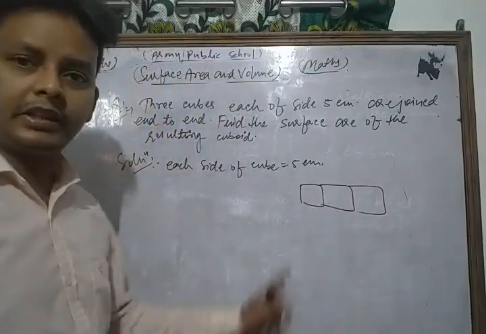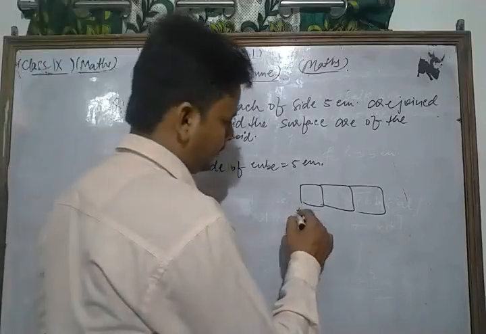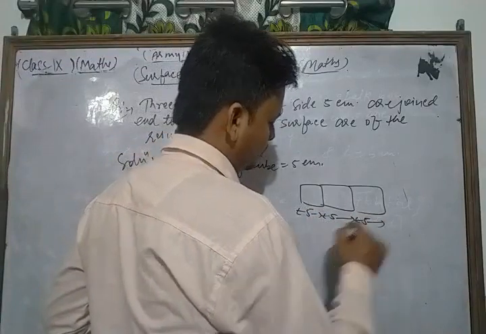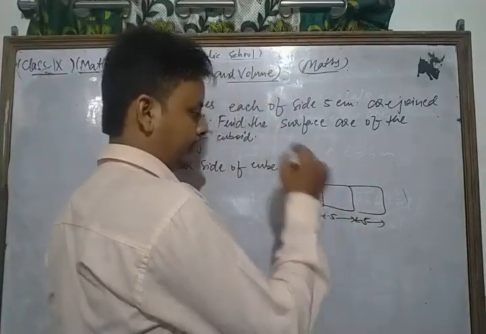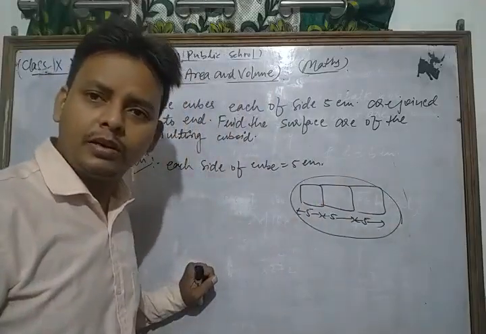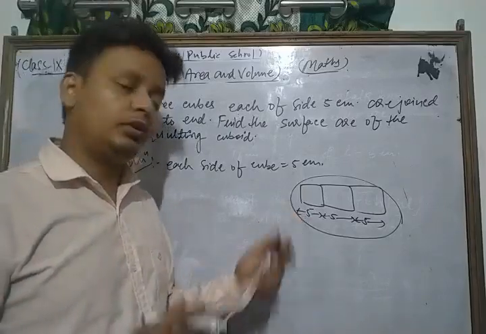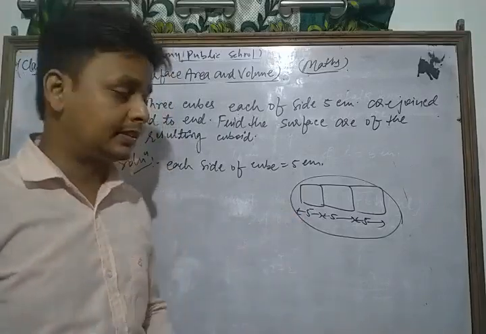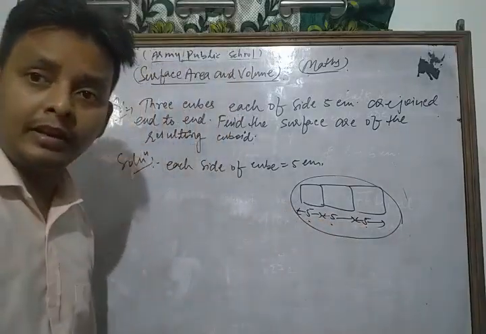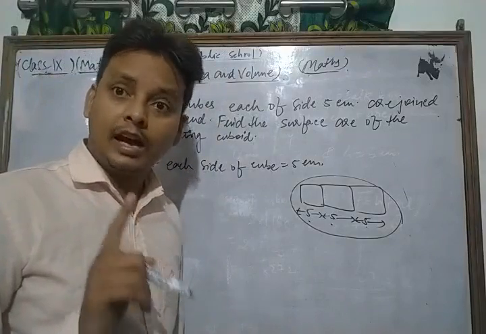Dear students, when three cubes join end to end, each of side 5, it is clear from the figure that they form a cuboid, and the new length of the cuboid will be 5 plus 5 plus 5, that is 15, but height and breadth are unchanged.